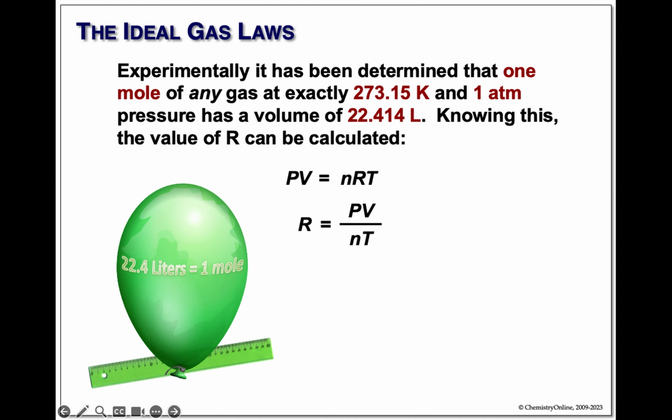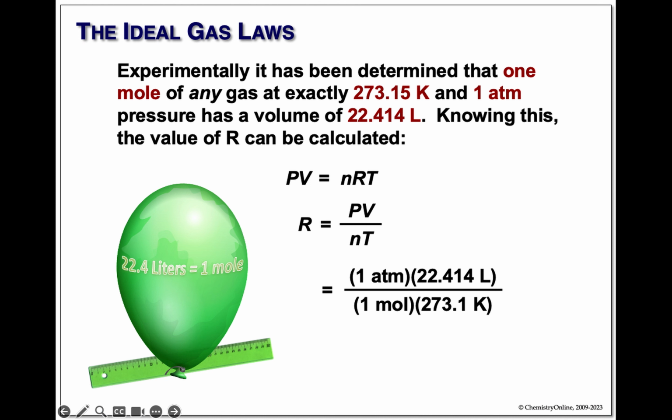PV over NT. Here's our pressure, 1 atmosphere. Our volume, 22.4 liters. Number of moles, 1. Temperature, 273 Kelvin. Plug it all in. Now at this point, usually I would click my little button and things would cancel, right?